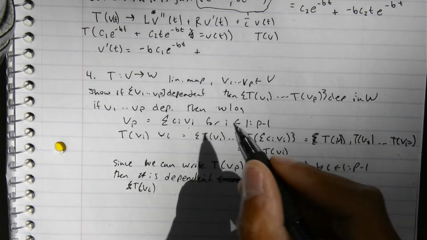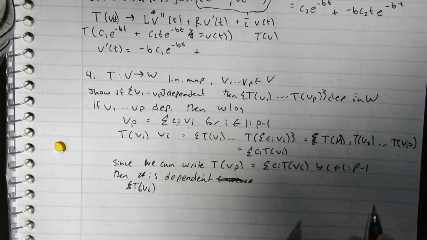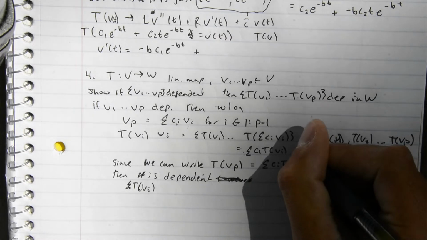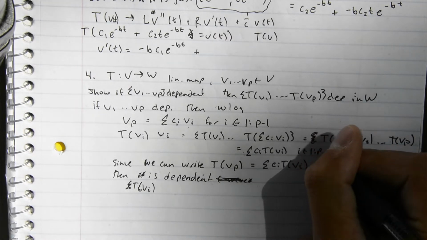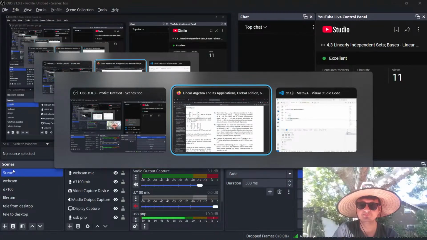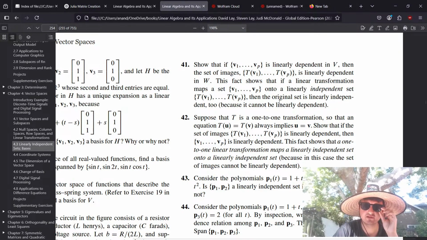But we can substitute in VP for this sum. And I guess we should say for I in 1 to P minus 1. Okay, so that's that. That was a good proof. I like those ones like that where you really have to apply the definition.